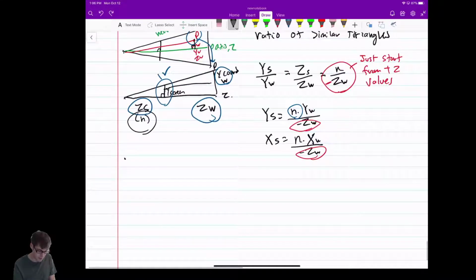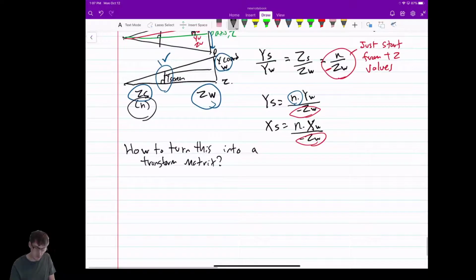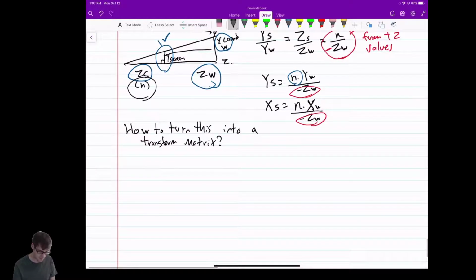So the next question is, how on earth do I turn this into a transform matrix? Well, we've already figured out this divide by z business, but let's work on the rest of it.